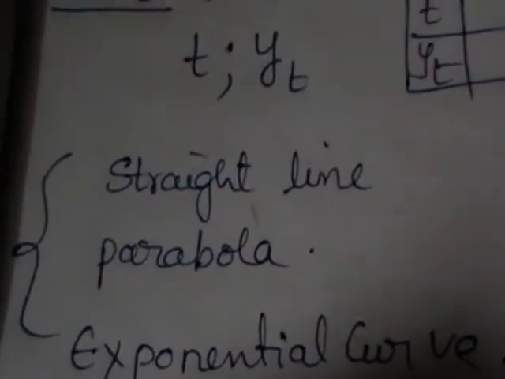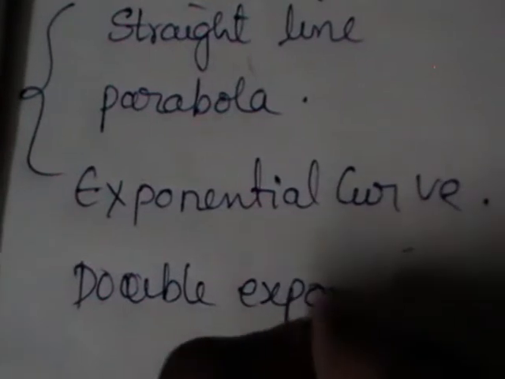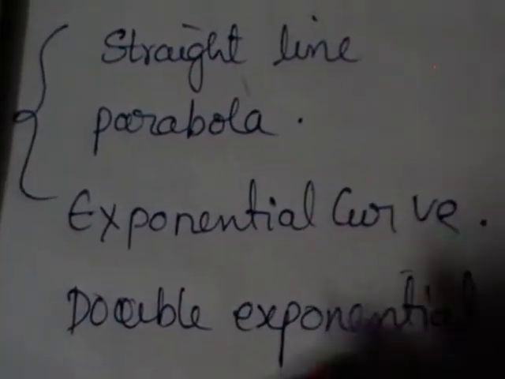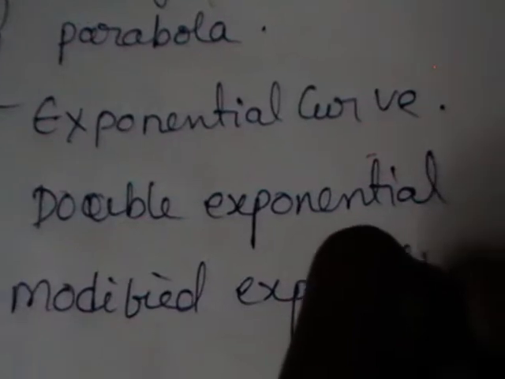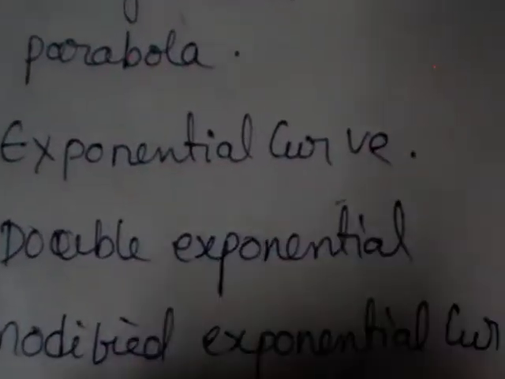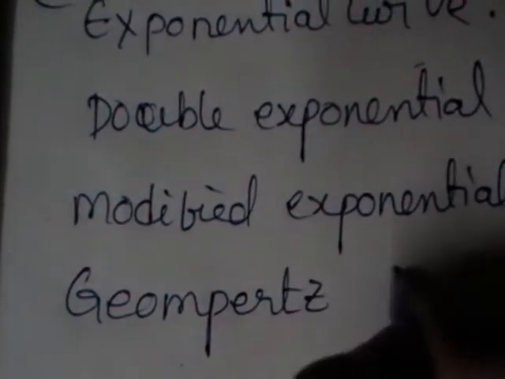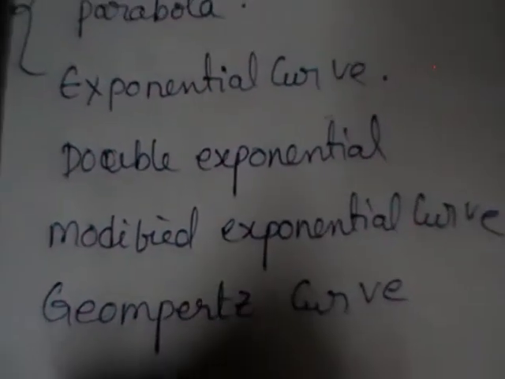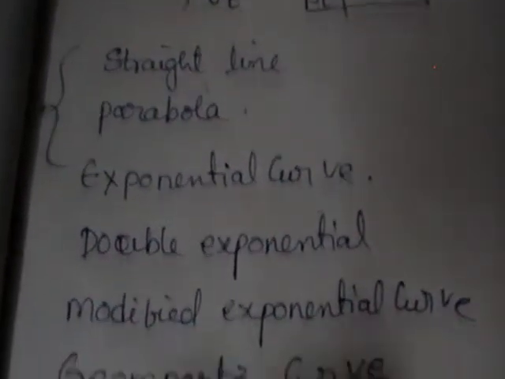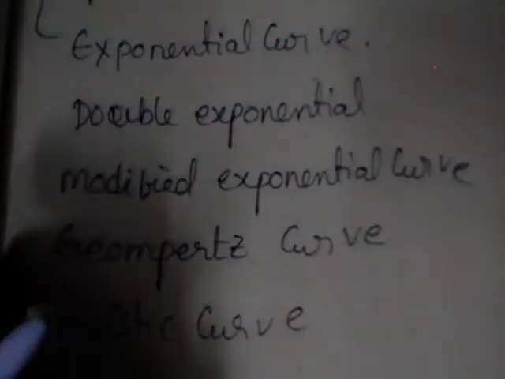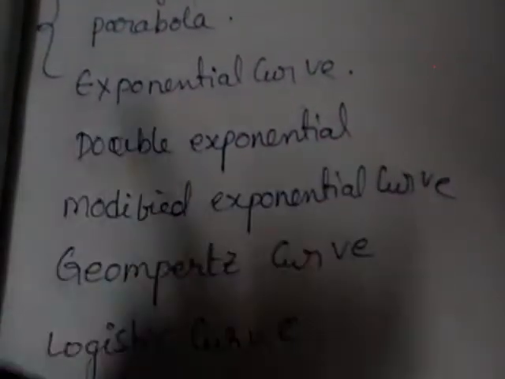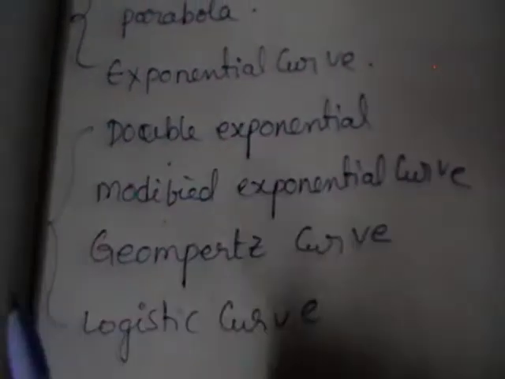Double exponential, modified exponential curve, Gompertz curve, logistic curve. So you already know how to fit a straight line, how to fit a parabola, how to fit an exponential curve. 1, 2, 3, 4 are the other 4 curves.